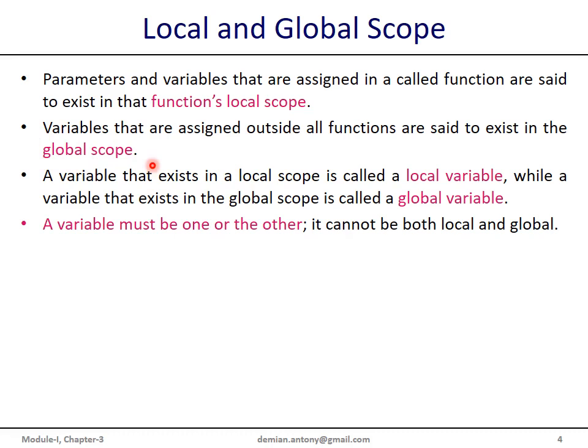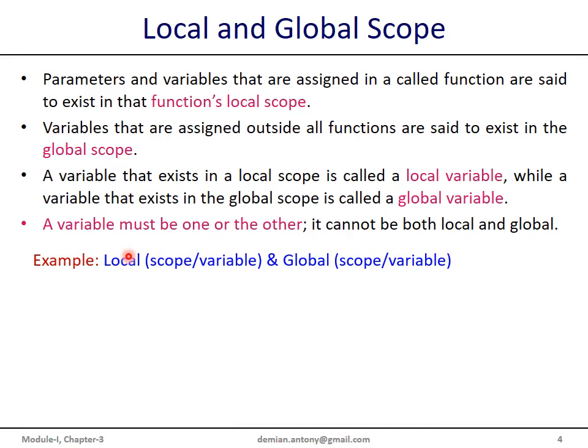Based on these two terminologies, local scope and global scope, we have two types of variables. One is the local variable, a variable that exists within a local scope, and second is the global variable, a variable that exists in the global scope. Remember, a variable must be one or the other. It cannot be both a local and a global variable.